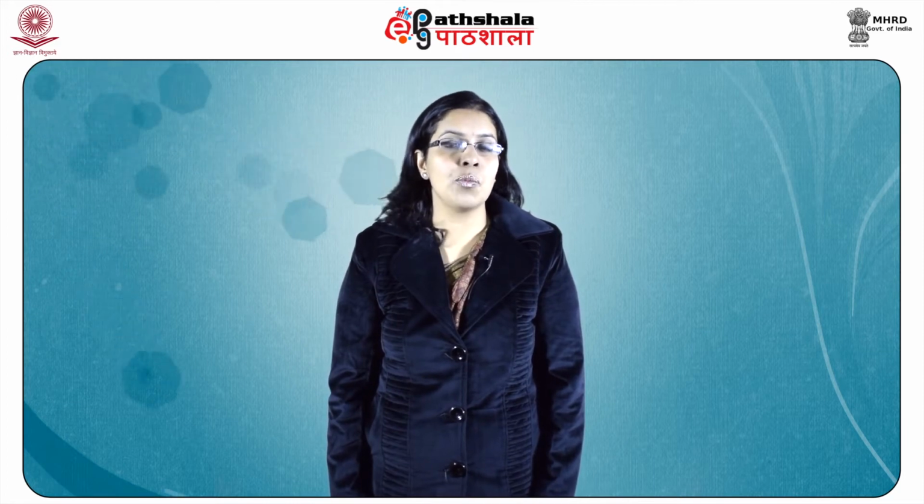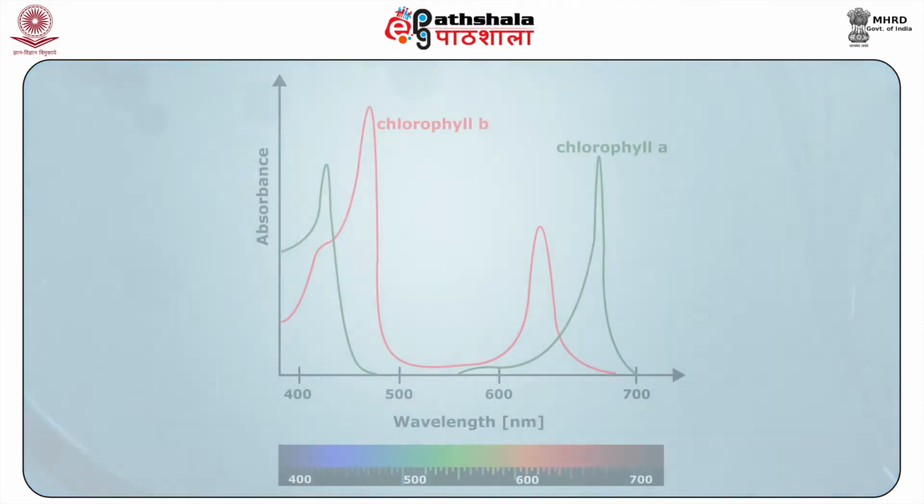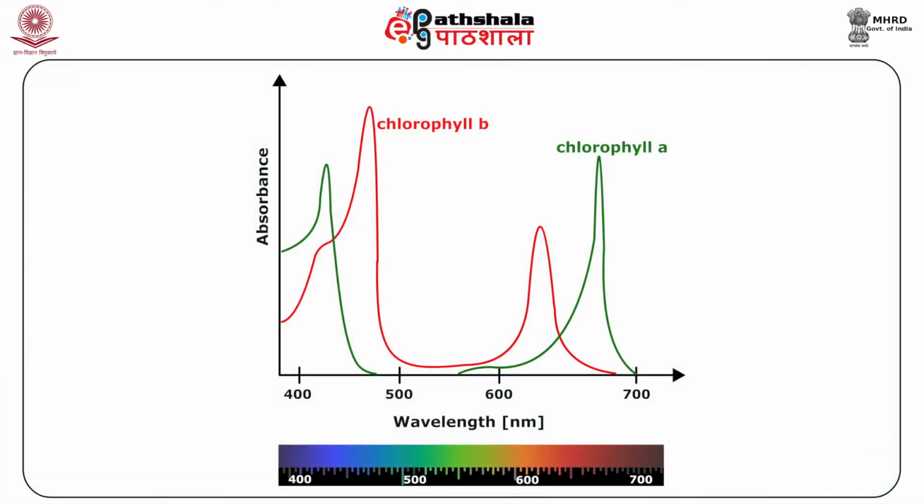Such delocalized polyenes have very strong absorption bands in the visible region of the spectrum, allowing the plants to absorb the energy from sunlight. The absorption spectra of chlorophyll A and B are shown in this figure. Chlorophyll A is in green color and the band of chlorophyll B is in the red color.